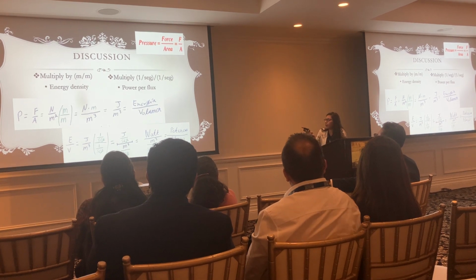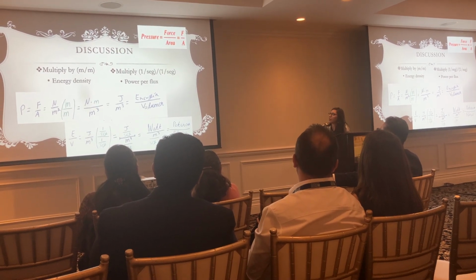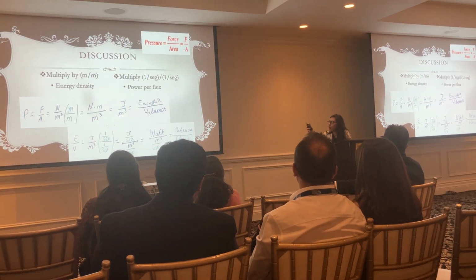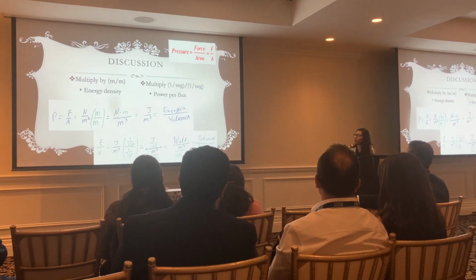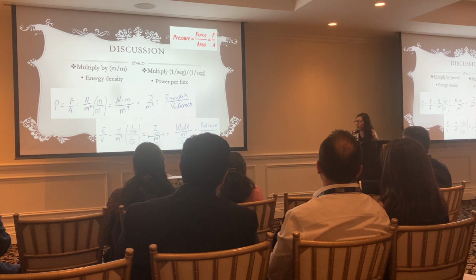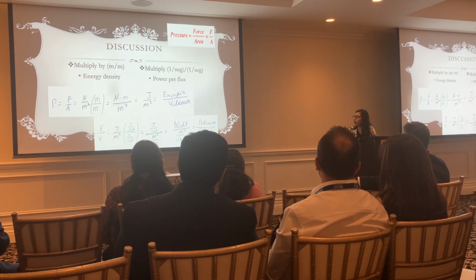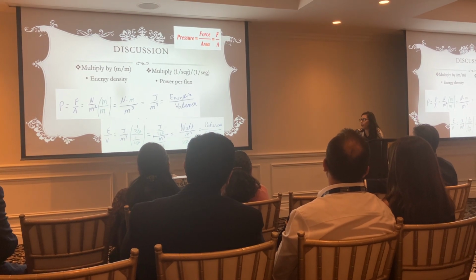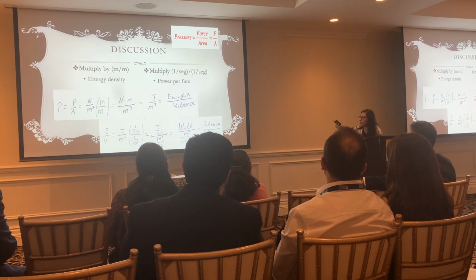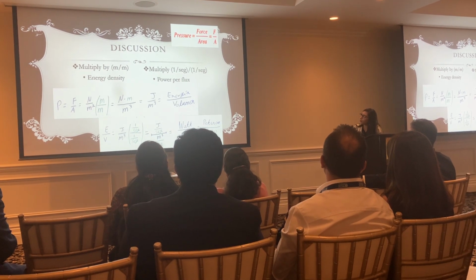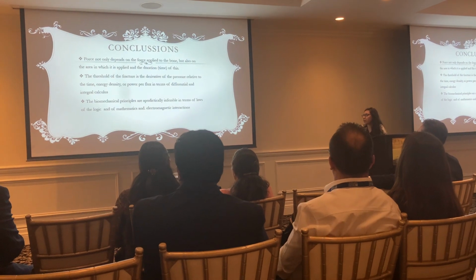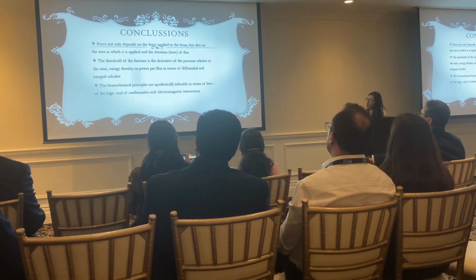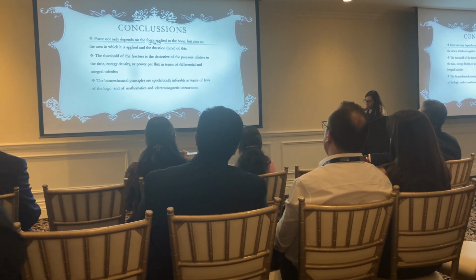So we could say that the fracture is the result of the energy density, or of the power of the thing that is hitting the spine, the skull or the bone, divided by the flux of the thing that is hitting the bone at that time. So we have energy density, or power divided by flux. Our conclusions are that the force and the emergent properties of catastrophe are the factors involved in every fracture.